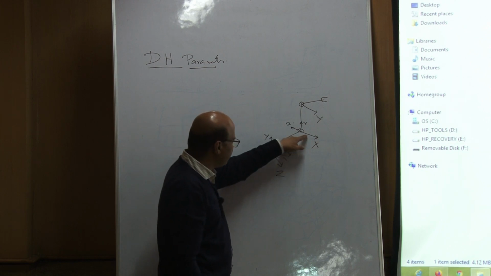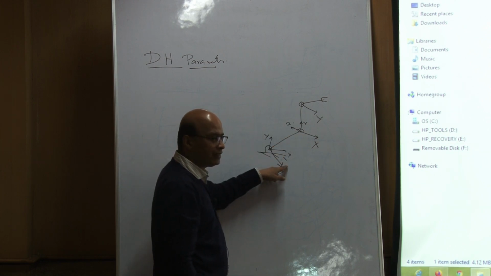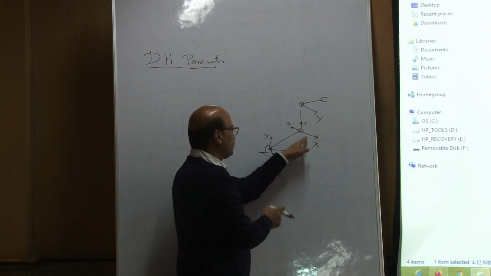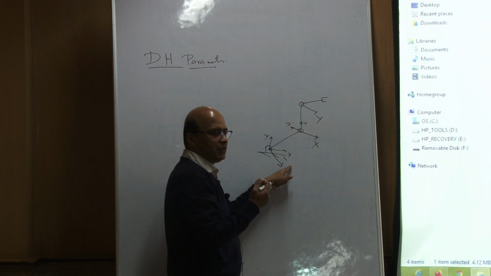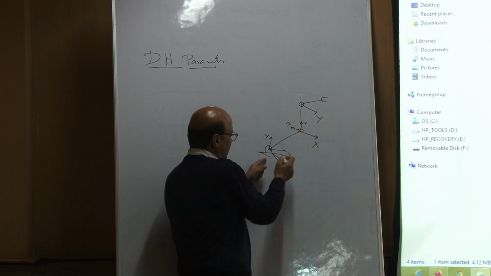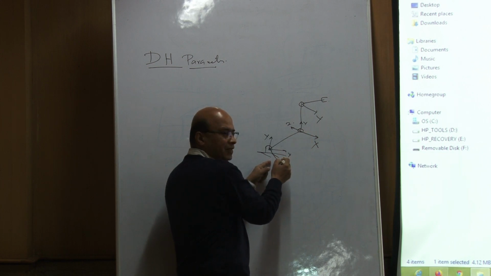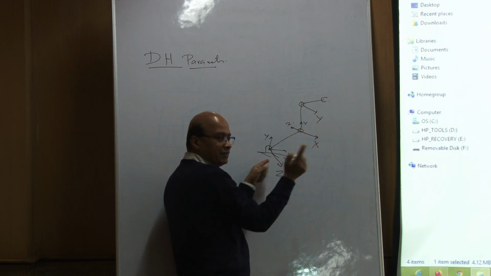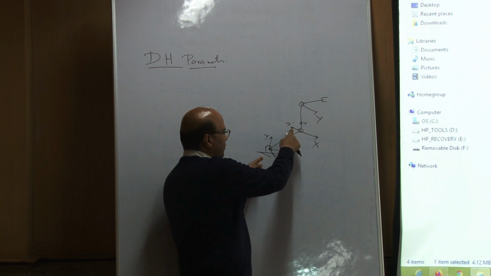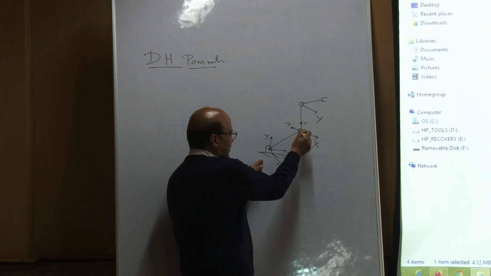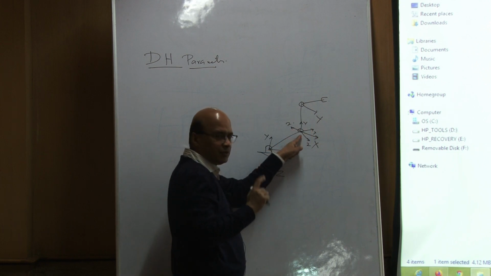But if I have to find the relation between this and this, you would find that the number of transformations will go up. Why? Because first you have to align this z with this z, and only then can you find the transformation between the two. So the first transformation is to align the z this side, bring the x this side, bring the y that side. That is one transformation.